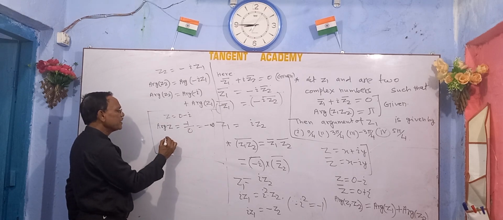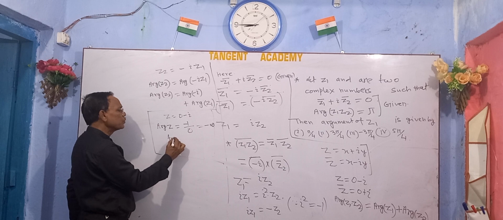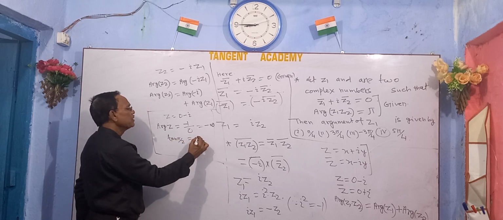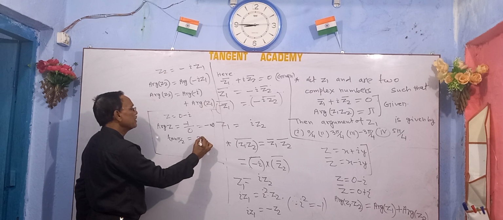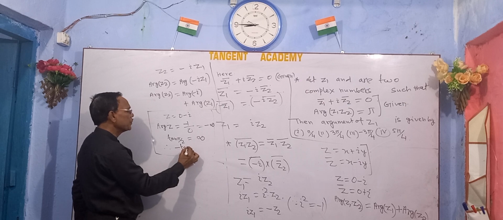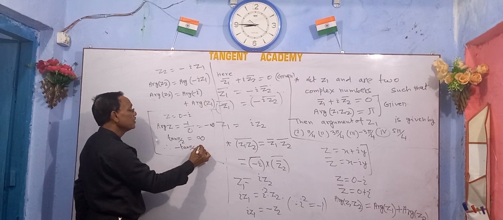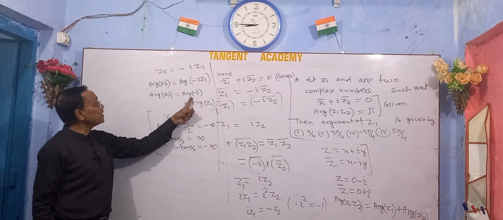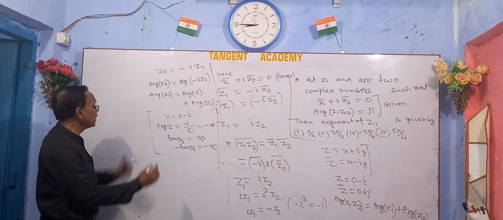We know that tan pi by 2 is infinity. Therefore, minus tan pi by 2 will give you minus infinity. So the argument of minus i can be written as minus pi by 2.